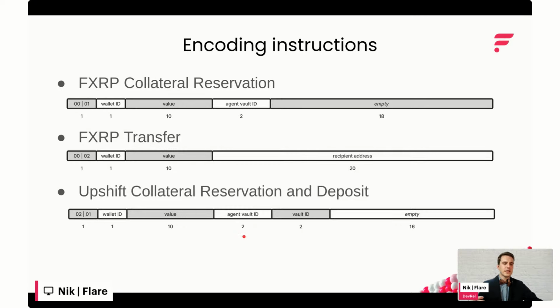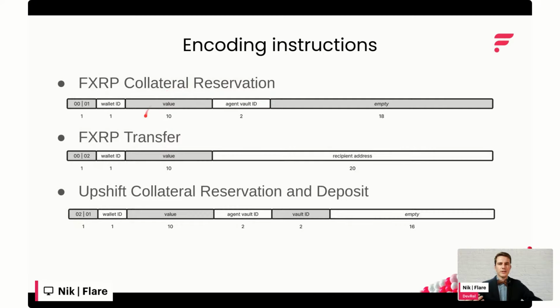The instruction types that are supported so far are FXRP, Firelight, and Upshift. For FXRP, that's the hex representation of 0. For Firelight, it's 1, and for Upshift, it is 2. Then the second nibble is the actual command ID. The commands are all tied to the instruction type.